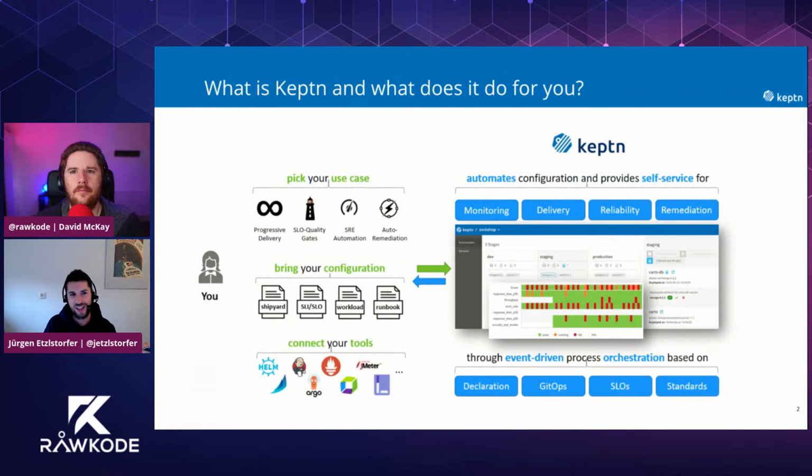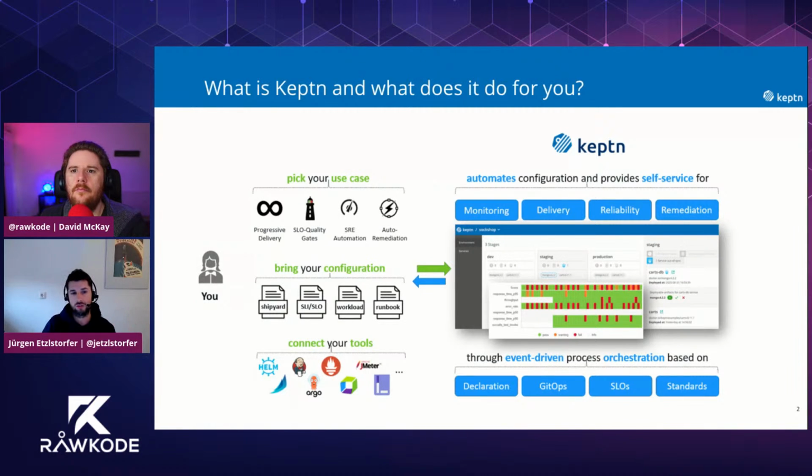What is it actually, and what does it do? So we came up with this figure here. We actually target a couple of different use cases, from progressive delivery to quality gates as one part of progressive delivery that you can use maybe in other delivery frameworks that you might already have in your organizations, and where you don't want to use maybe Keptn, to auto remediation when it comes to operating your microservice applications.